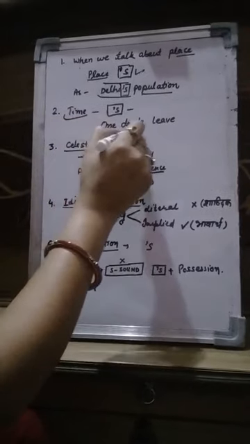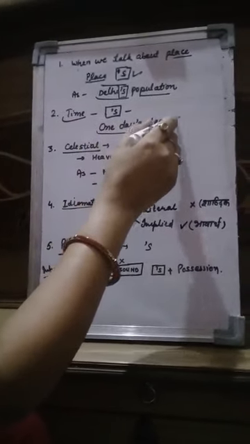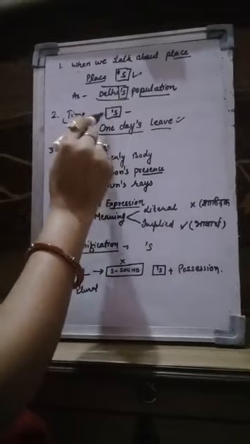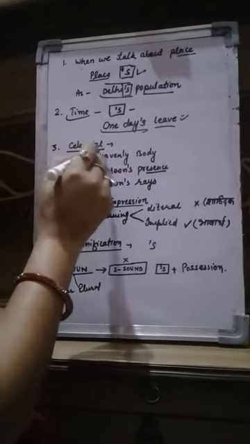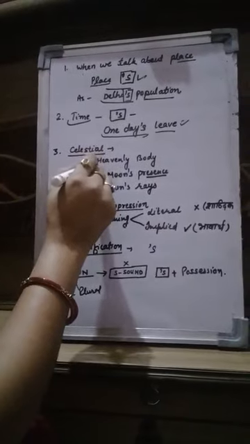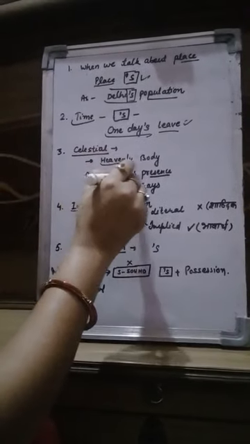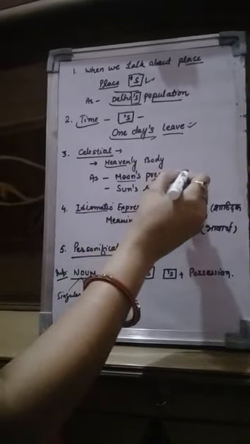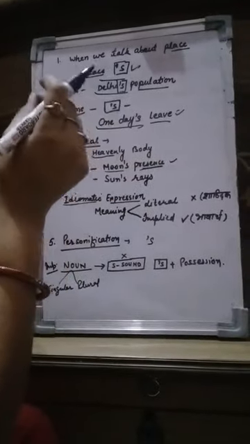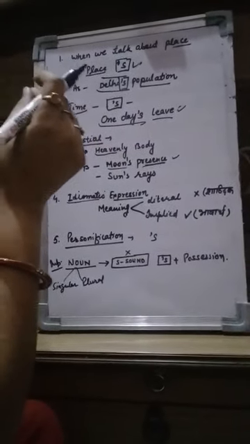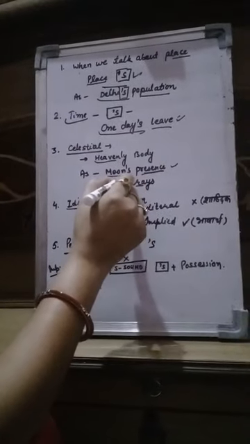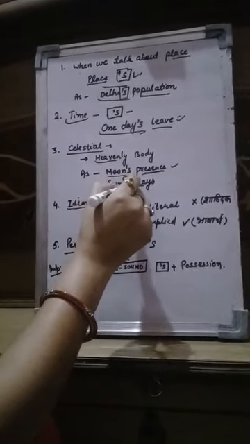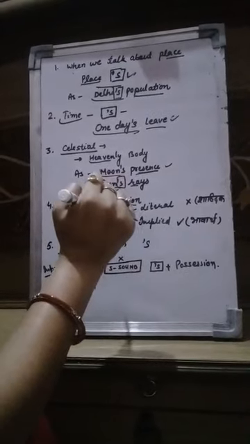For example, one day's leave denotes time, so we use an apostrophe with time. When we talk about heavenly bodies, as in moon's presence, we are talking about the universe. So sun's rays, we also use an apostrophe with heavenly bodies.